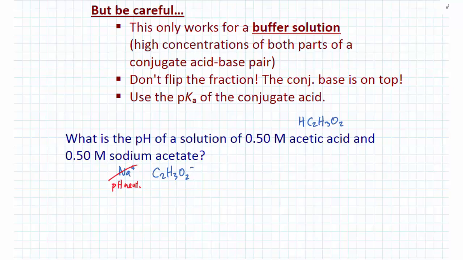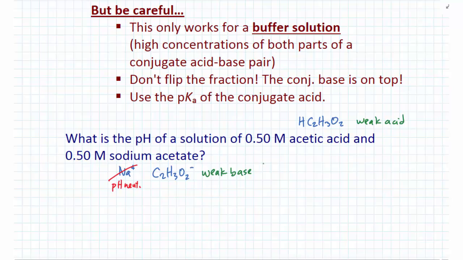Acetic acid is a weak acid. Its conjugate base will be a weak base. Don't be thinking that those things are opposites. A weak thing will make another weak thing, at least in terms of what we call weak.